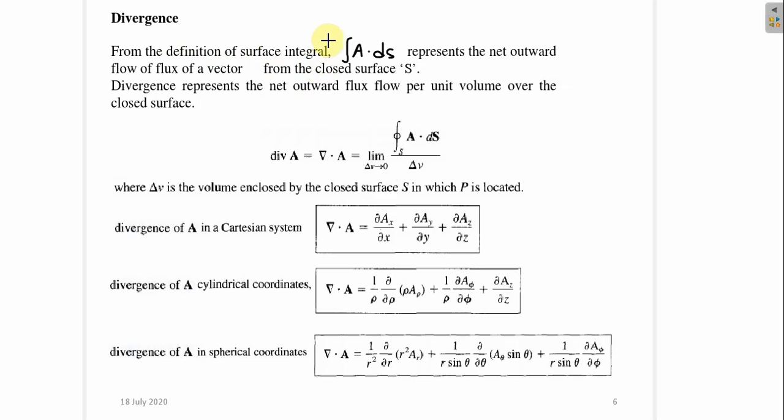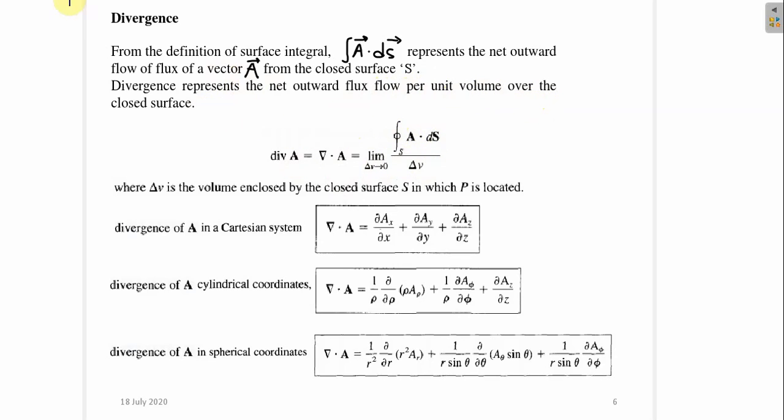From the definition of surface integral, this A dot ds, the surface integral of any vector field A, represents the net outward flow of flux of a vector A from the closed surface S. The divergence represents the net outward flux flow per unit volume over the closed surface.